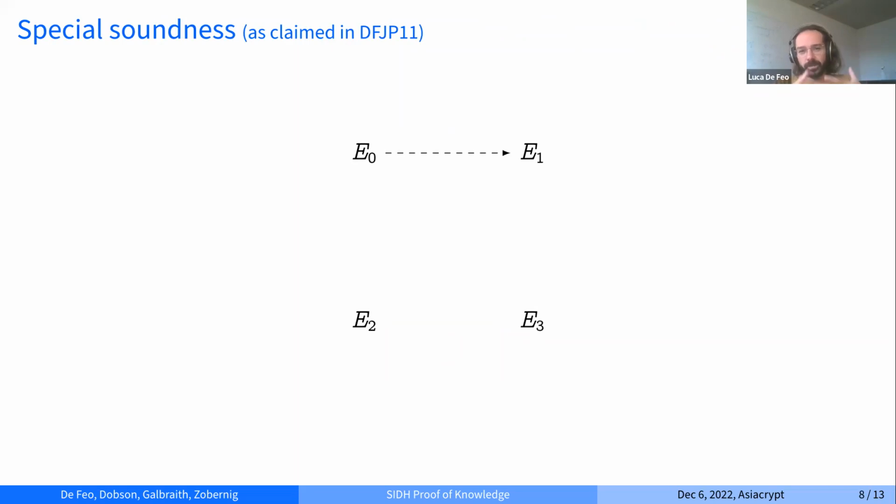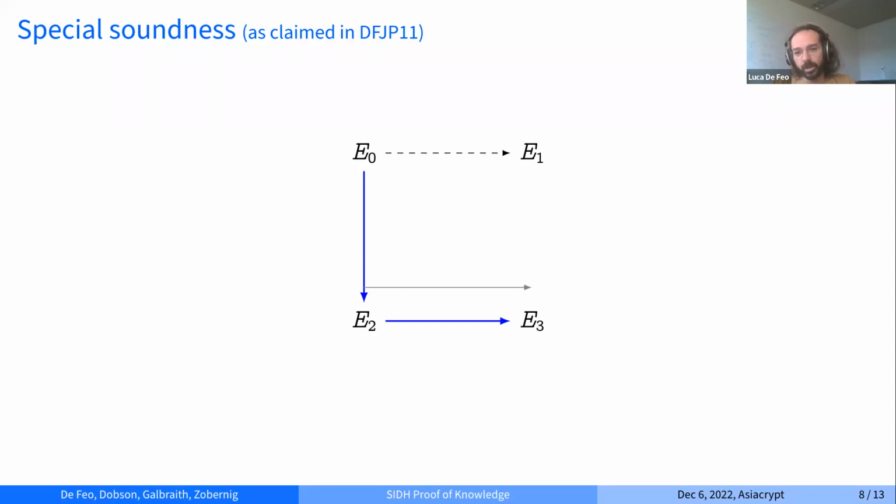This is the way that back in 2012, not 2011, we proved the special soundness of this protocol. We said, okay, let's say that there is some isogeny phi from E0 to E1. It is enough to know 2 sides of the square. So I can know, for example, the 2 sides in blue here.